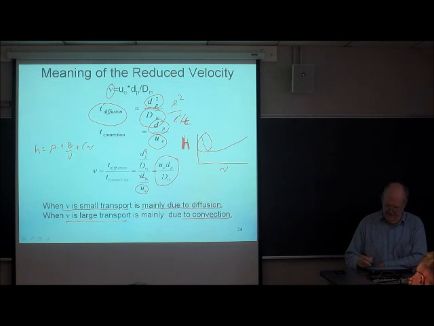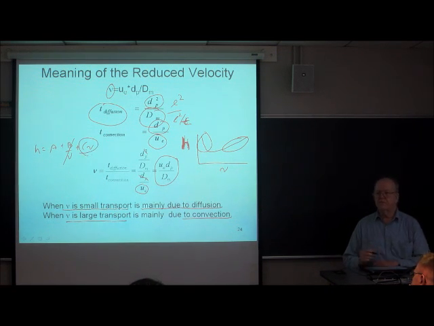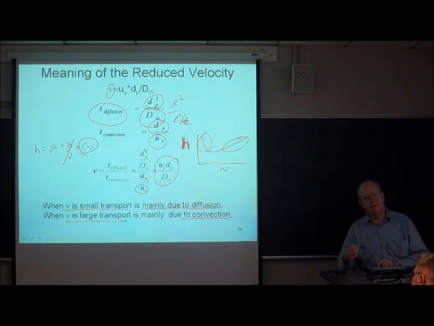When you're at high reduced velocity, you're over here. This term has effectively dropped away, and your dominant term is your c term. So when you're over here at high reduced velocity, transport is being dominated by convection.